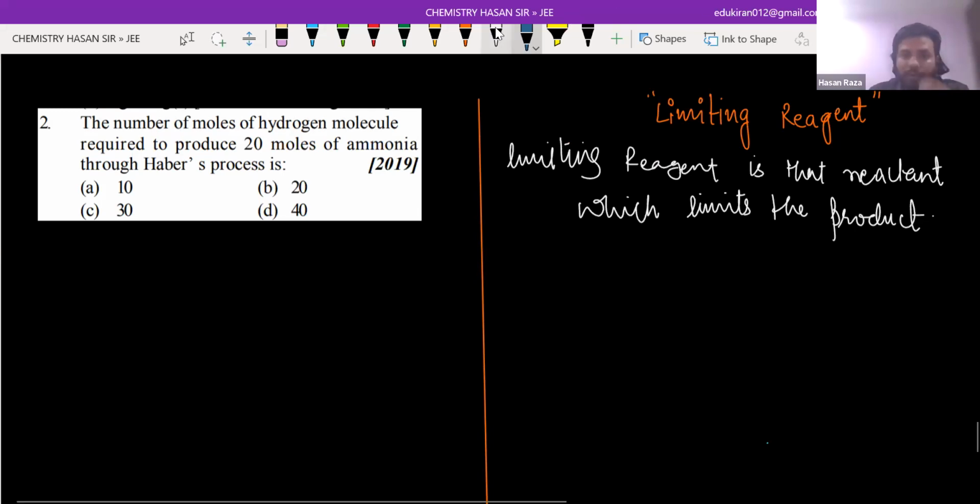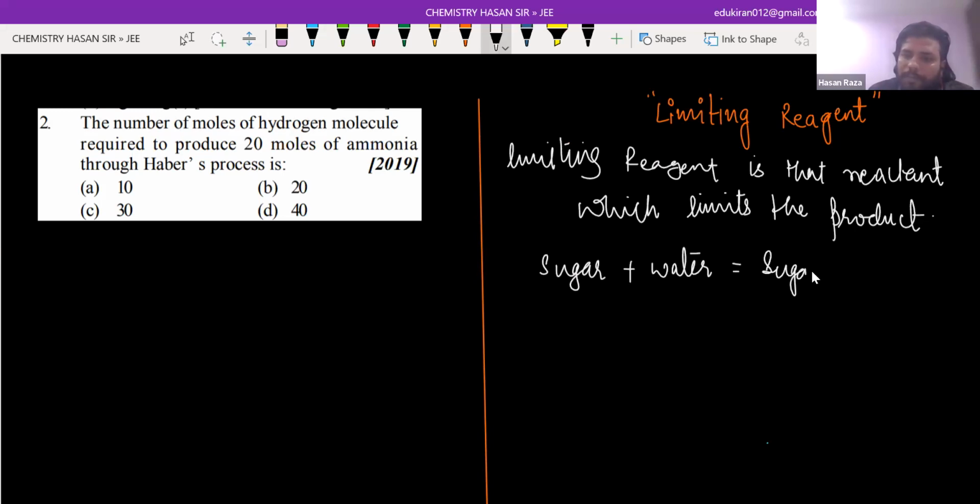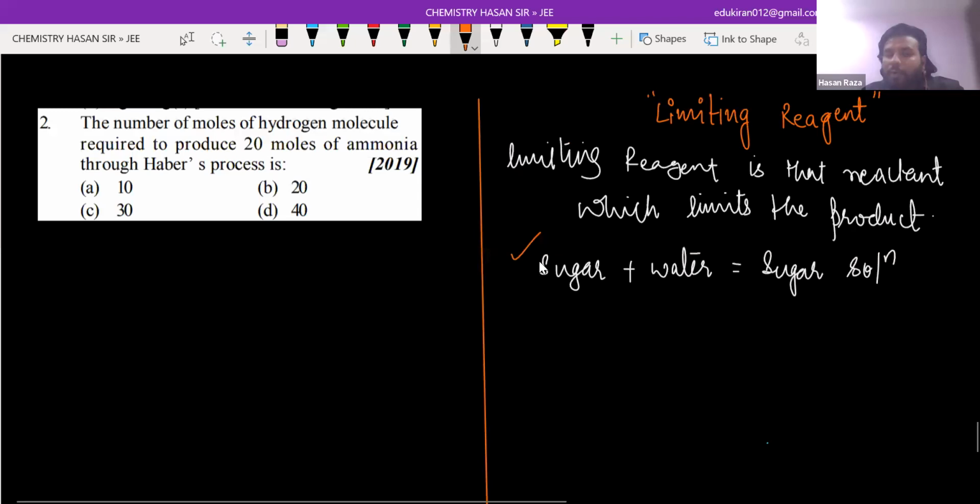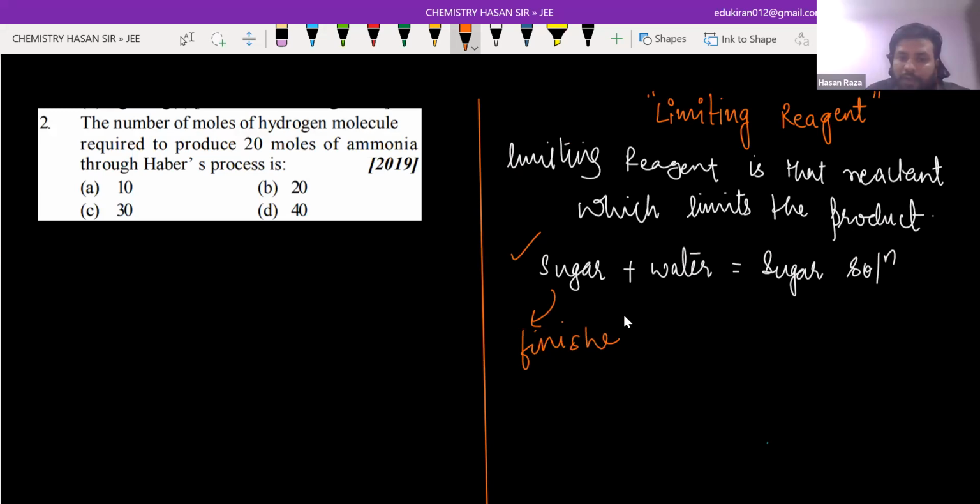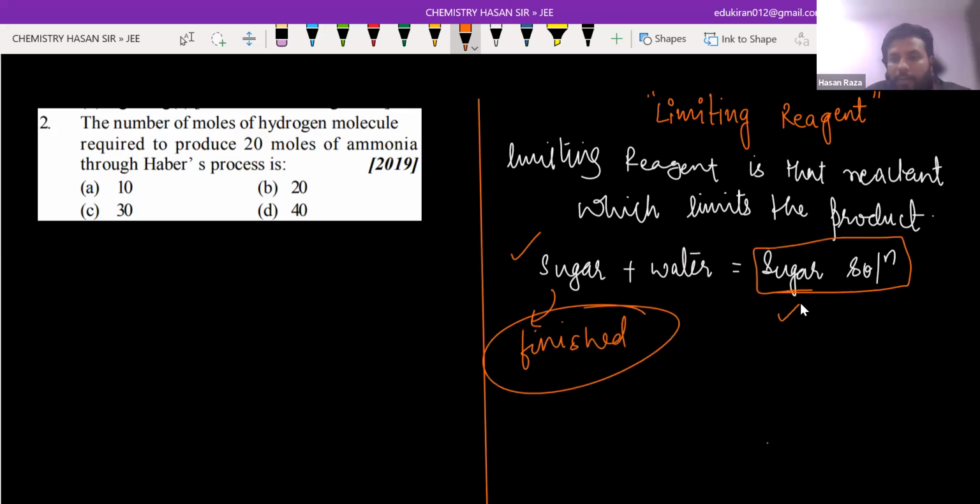Let's say you want to make a sugar solution, sugar plus water. After making it for 15 people, you want to make it for 15 more people. At that time, if sugar is finished, will you be able to prepare the sugar solution?